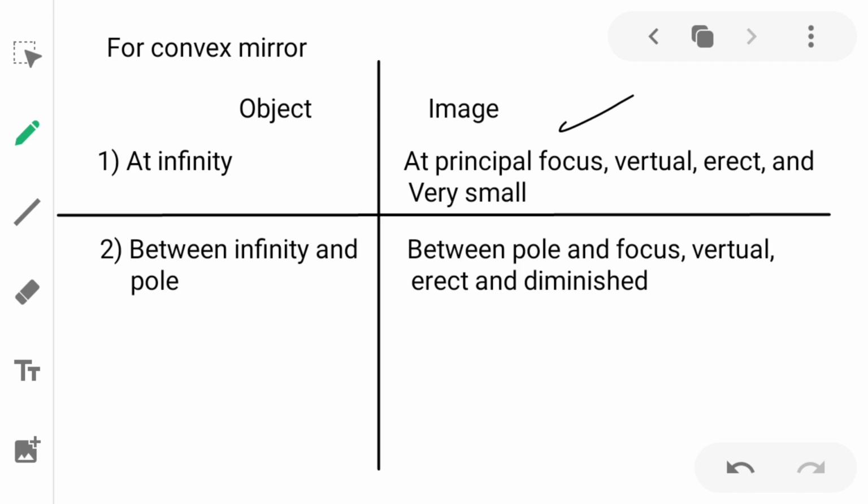When the object is between infinity and the pole, wherever you place the object in front of the convex mirror, the image is formed between the pole and focus only, and it is always virtual, erect and diminished.